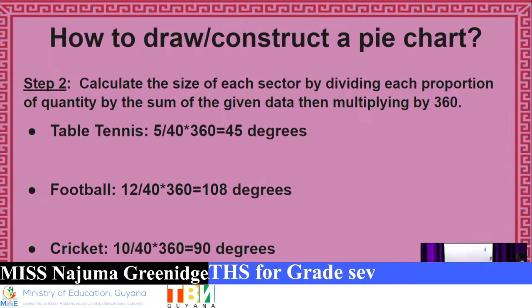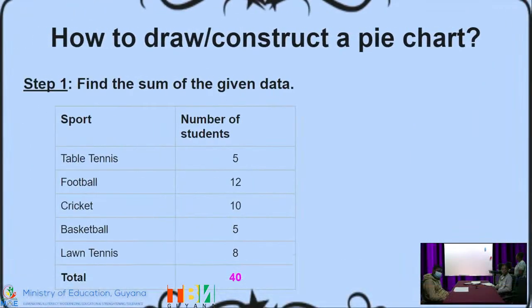Let's go back. Take that table down quickly. So we have sports and number of students.